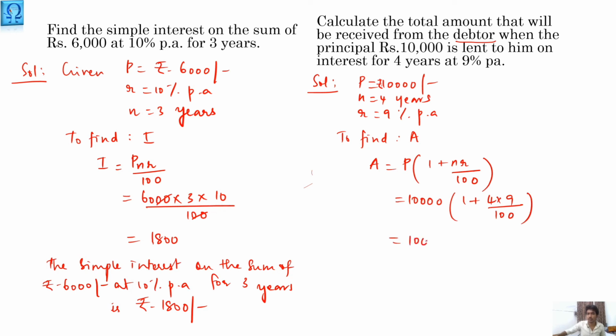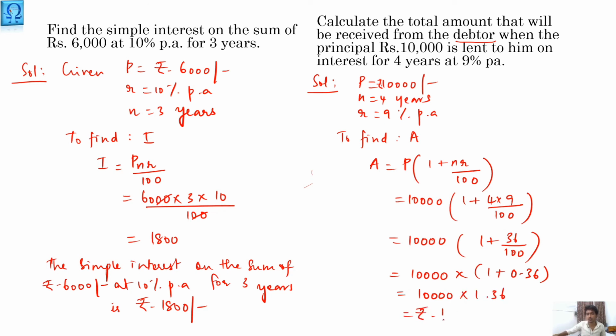So it is going to be 10,000 times 1 plus 36 upon 100. So it is 10,000 times 1 plus 0.36, so 10,000 times 1.36. It is going to be rupees 13,600. So this is the total amount that will be received from the debtor.